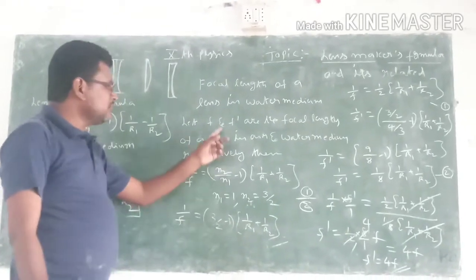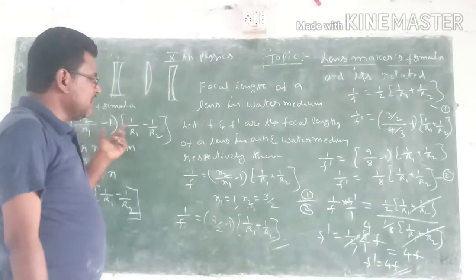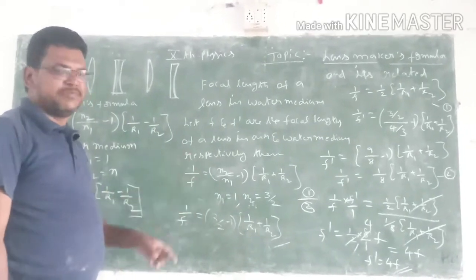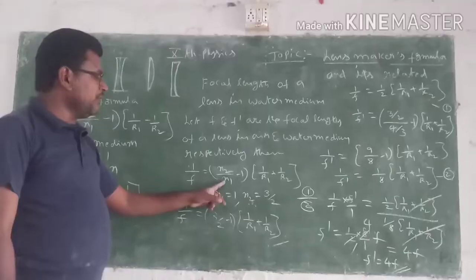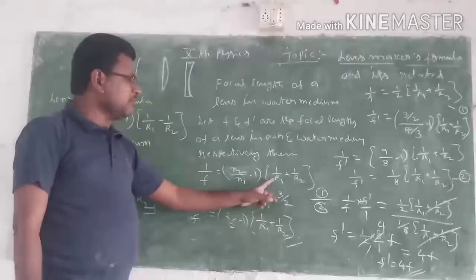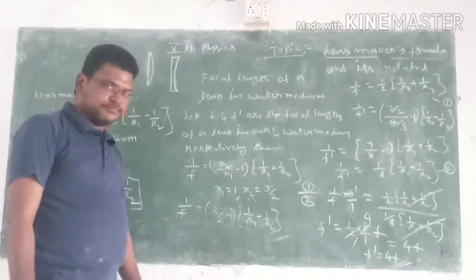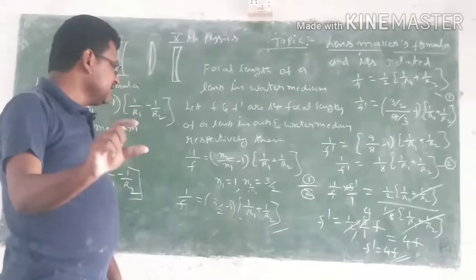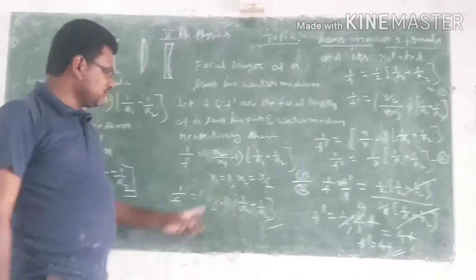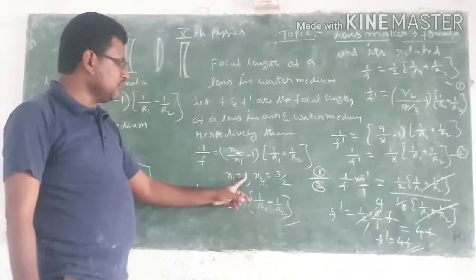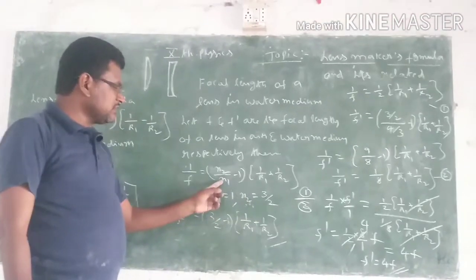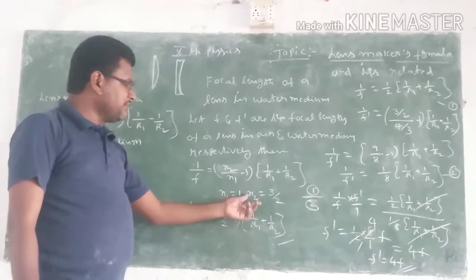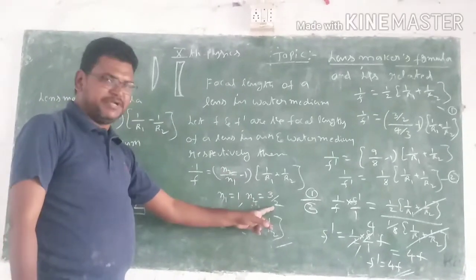Using the lens maker's formula for a convex lens in air medium, we can write 1 by f is equal to (N2 by N1 minus 1) into (1 by R1 plus 1 by R2). Now here the lens is taken in air medium, so N1 is equal to 1, the refractive index of air, and N2 is the refractive index of the lens, 3 by 2.